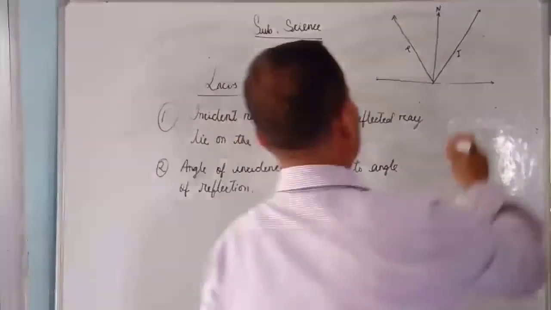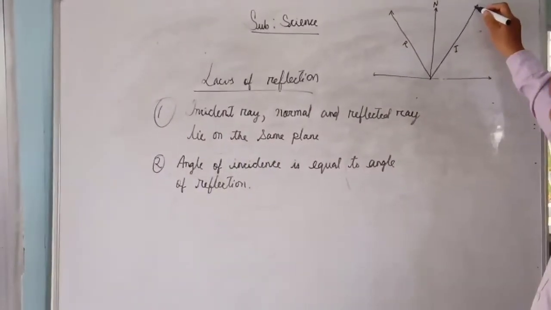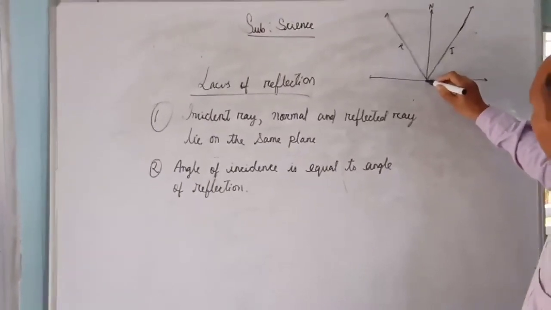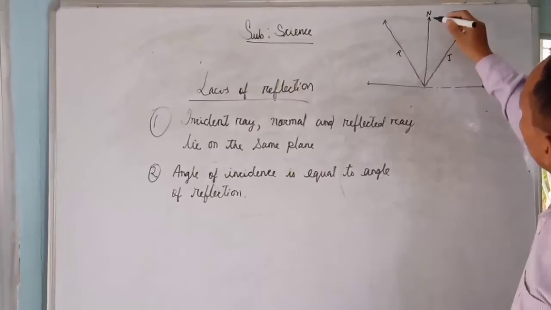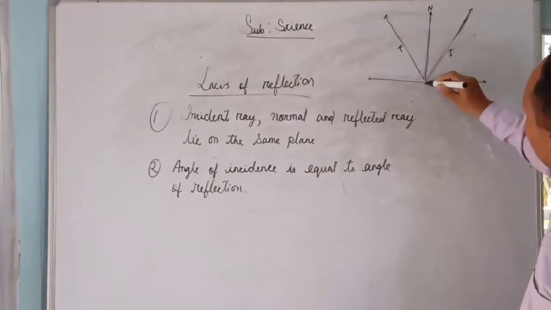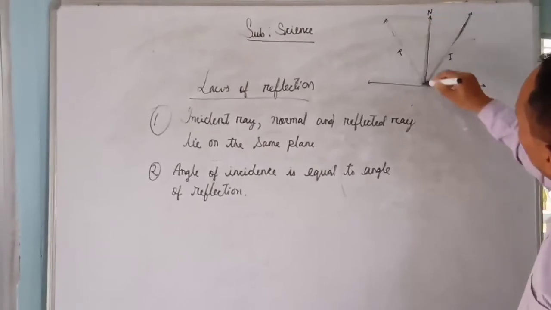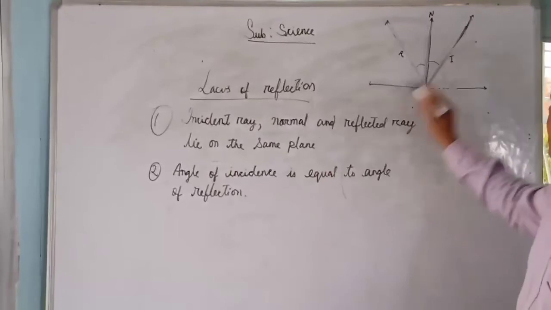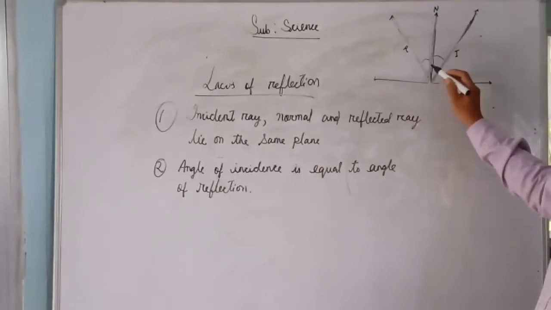Now we see that the incident ray comes from here and touches the surface, and it gets back, and we see the angle between the incident ray and the normal, and the angle between the reflected ray and the normal. We see that these angles are equal.